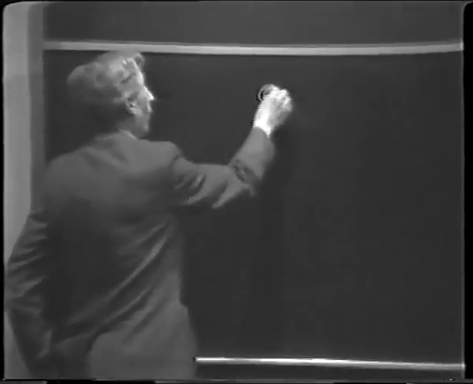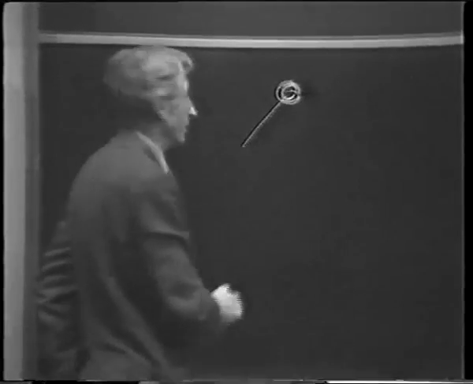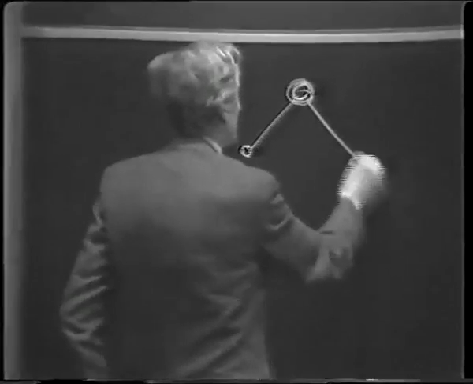For example, I might have brought with me some of the simple models that we construct to represent a molecule. You see, I could have represented the water molecule by one solid sphere here and two strings of some sort, and then two hydrogen atoms there.